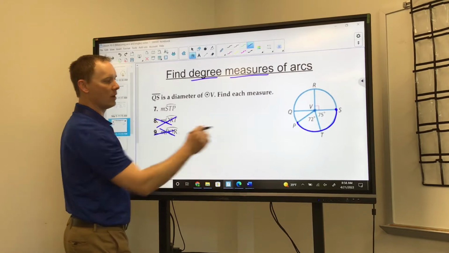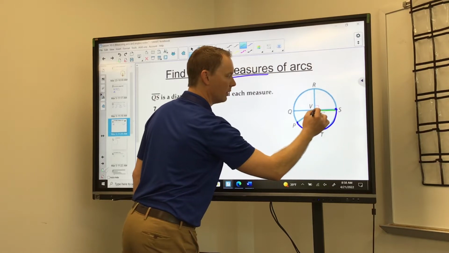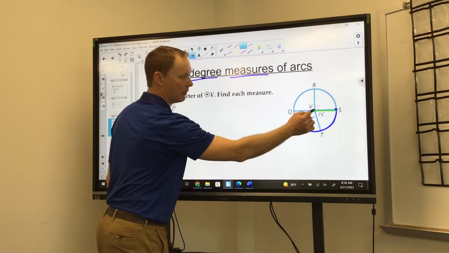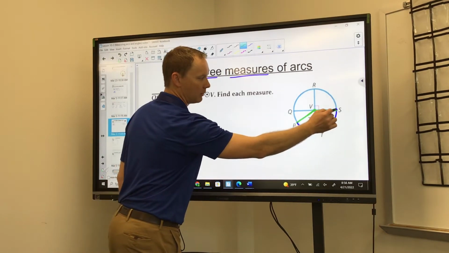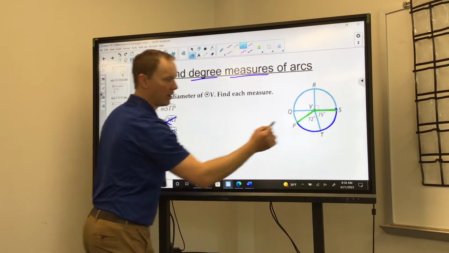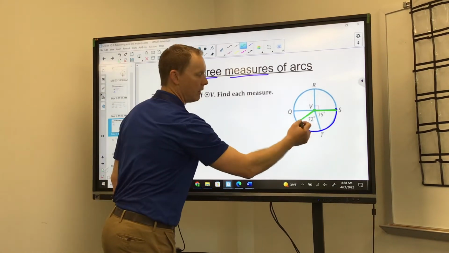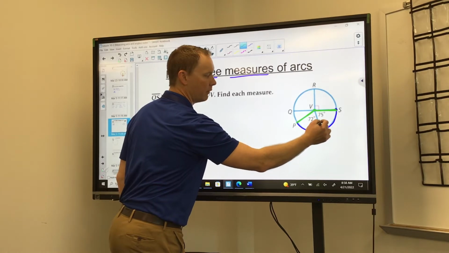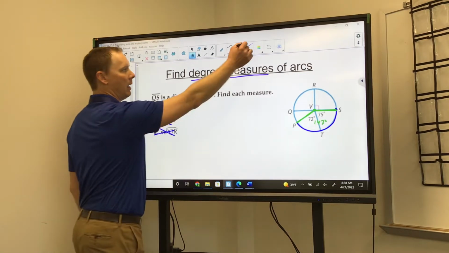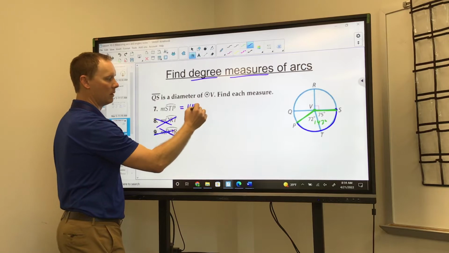is that every arc has a central angle that goes with it. If I make a central angle here, with a radius that goes out to point S and a radius that goes out to point P, I enclose that arc with the central angle. That central angle measure is 147 degrees, and the corresponding arc has the same measure.